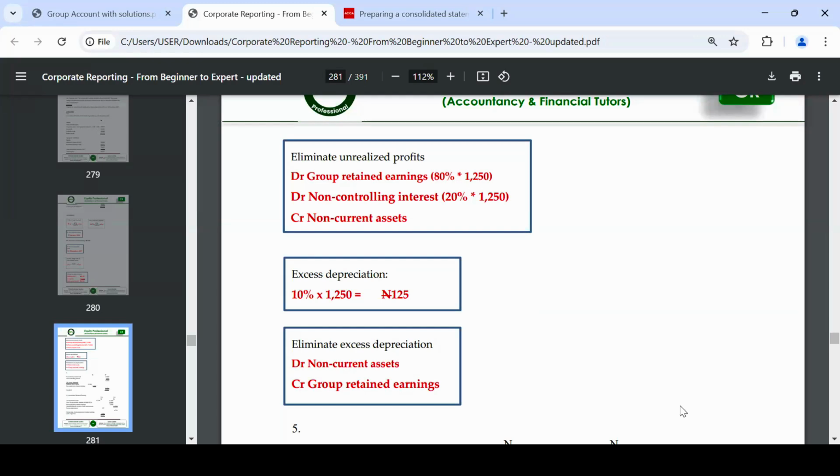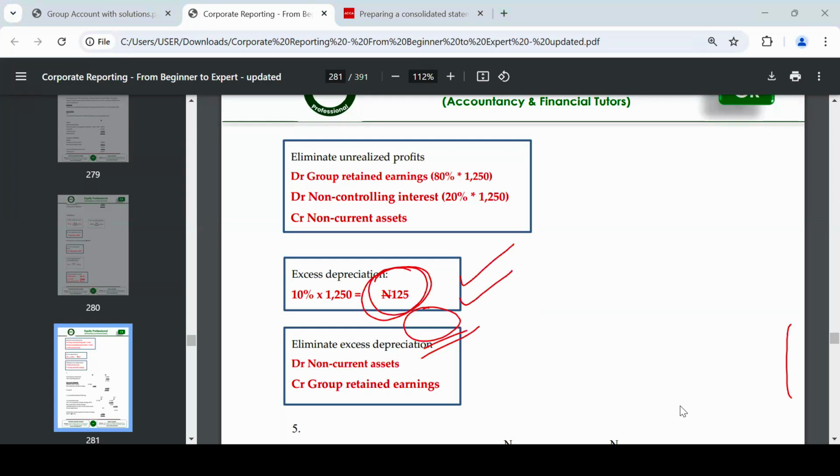In this case, there is an element of depreciation inside your unrealized profit. There is an element of depreciation, which is 125.